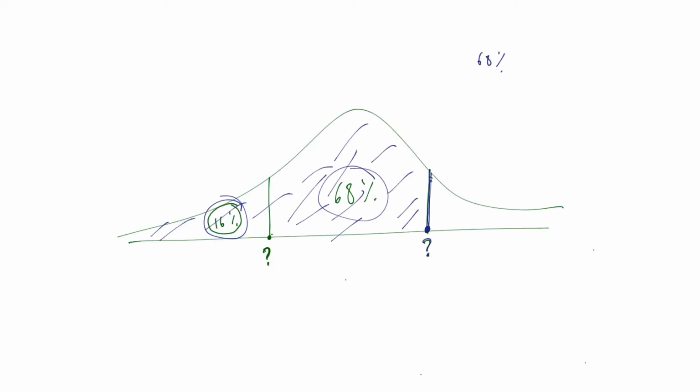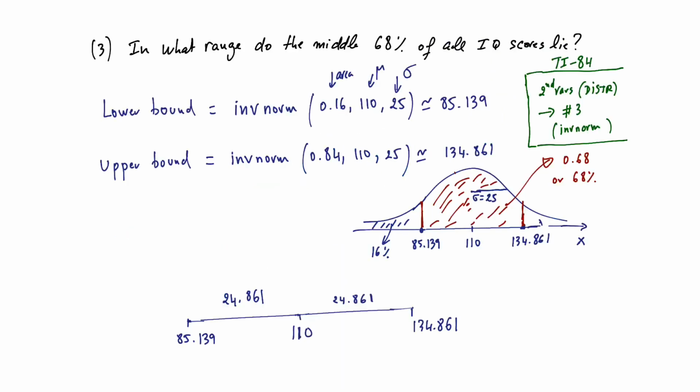Isn't that true? Which is 84%. So you put in 84% here, mu, sigma, and you get the answer. Therefore, to answer the question, in what range do the middle 68% of all IQ scores lie? The IQ scores of the middle 68% lie between 85.139 and 134.861. That's how you do it.